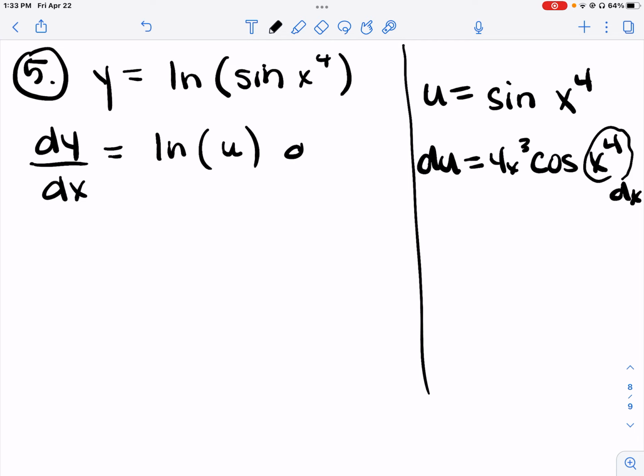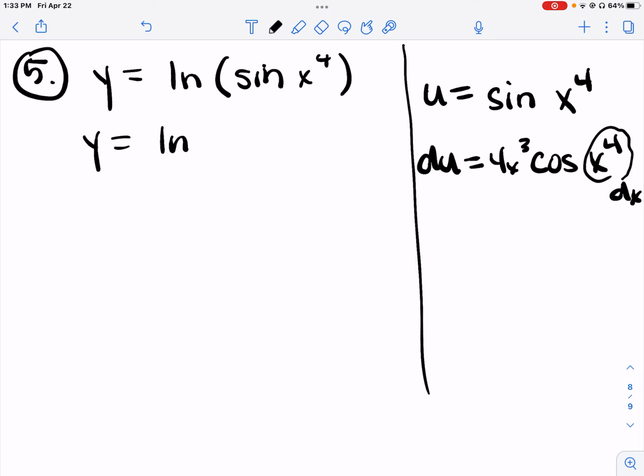Okay, so the derivative of, let me erase, I'm writing different steps here. So y is the ln of u. dy dx, we do 1 over u times du.